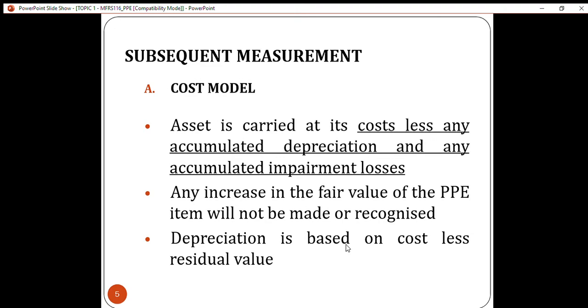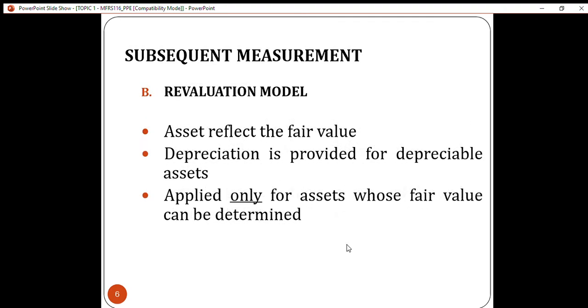Depreciation is based on cost less residual value. Under the revaluation model, the asset reflects its fair value and is depreciated if it is a depreciable asset. This model can be selected only if the fair value of the asset can be measured reliably.